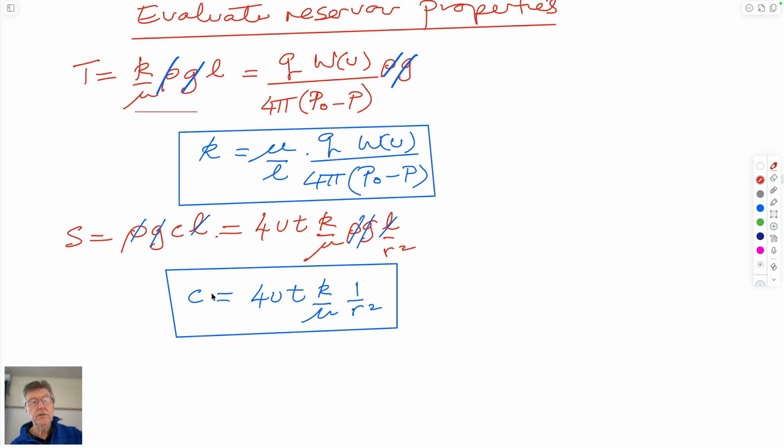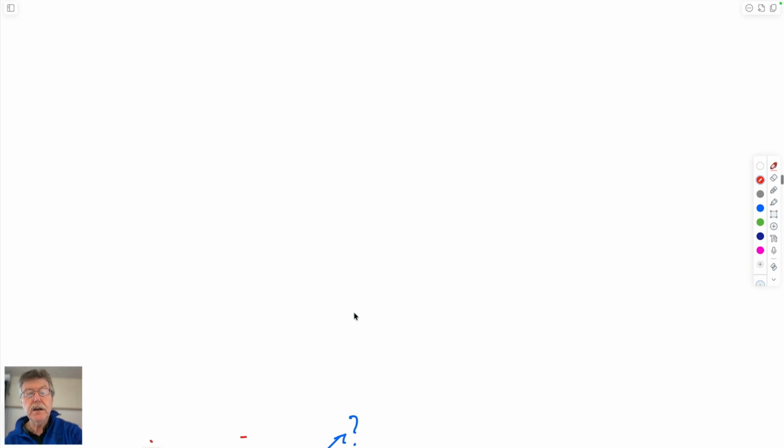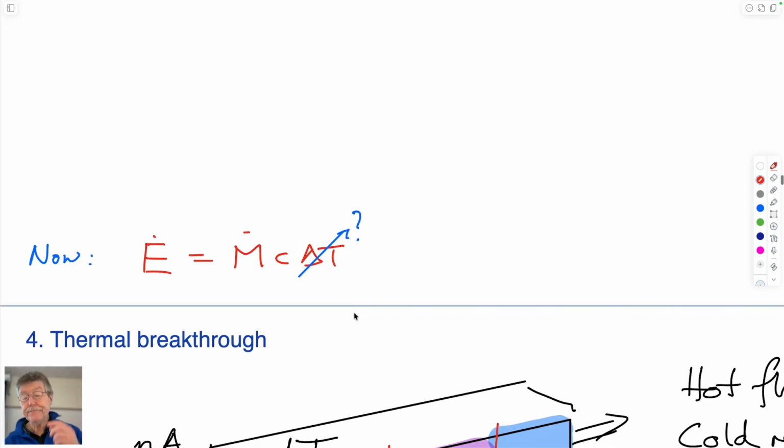And likewise, you can get the compressibility of the reservoir as a function of this well function, which we know match point was 1, the time at which that match point occurs, the permeability of the reservoir that we've already calculated here and can supply, viscosity of the fluid, and how far that well is away from the production well. So we have a chance of being able to define that.